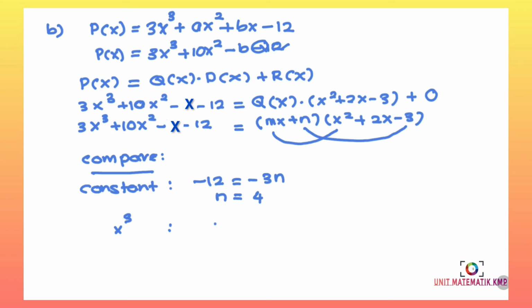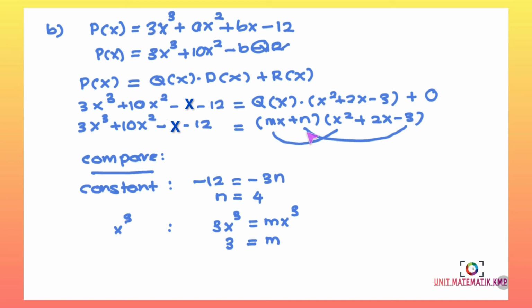On the left hand side we have 3x^3. On the right hand side, mx times x^2 is mx^3. So from here we know that 3 is equal to m. Now we already have the values m and n.